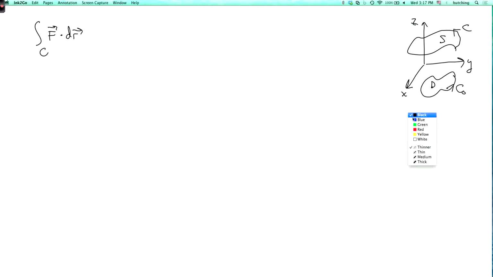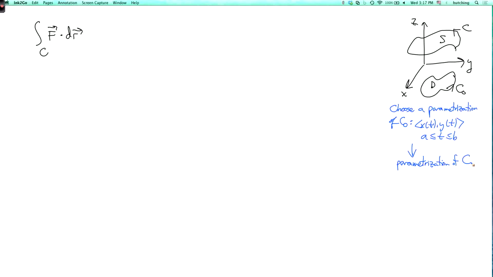So we can choose a parameterization of C0. So this will be, say, x of t, comma y of t, where t goes from a to b. And this is a parameterization of C0 positively oriented.